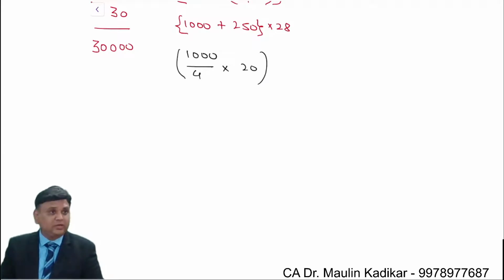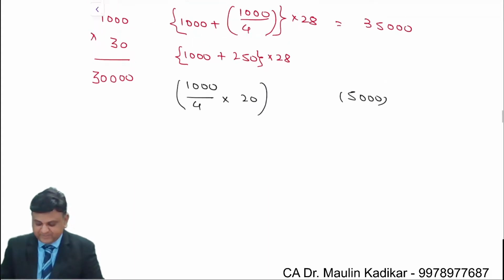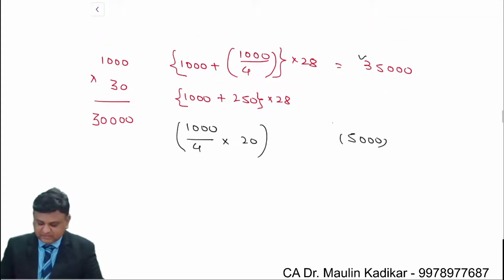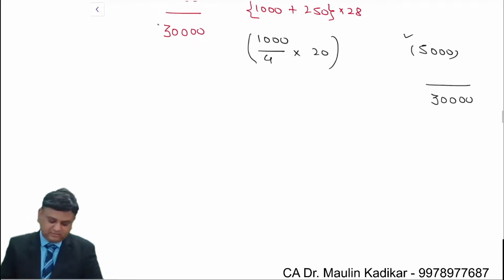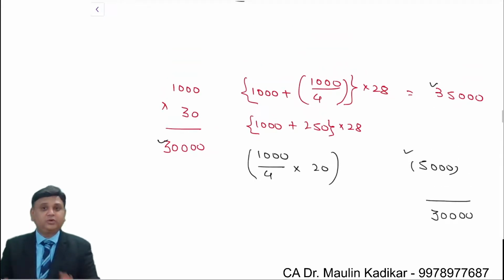So 250 into 20, that comes to rupees 5,000. So 35,000 minus 5,000. Your wealth will remain the same, an amount of 30,000 which you had earlier. Again, your wealth is not going to change if at all you subscribe to the shares in the right issue.